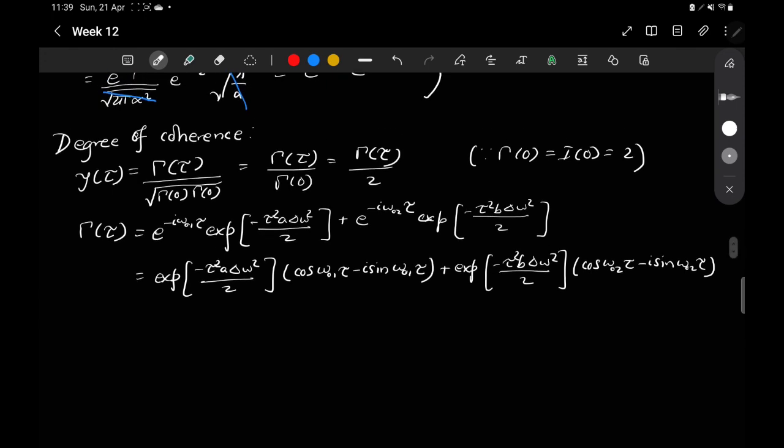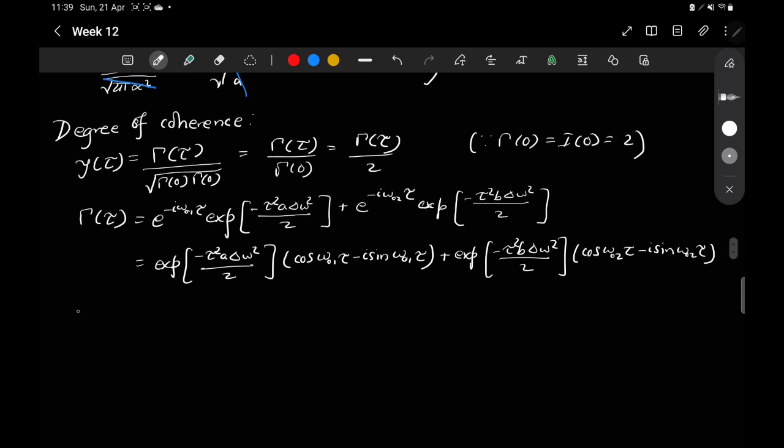So this is the degree of coherence gamma, and the argument of this is the following.